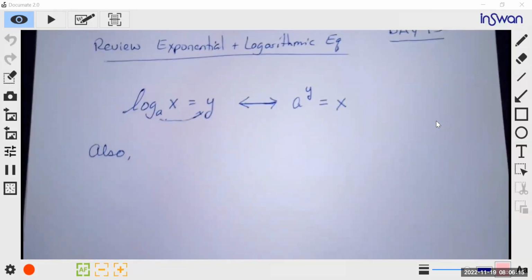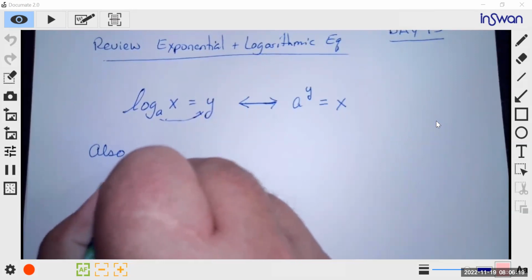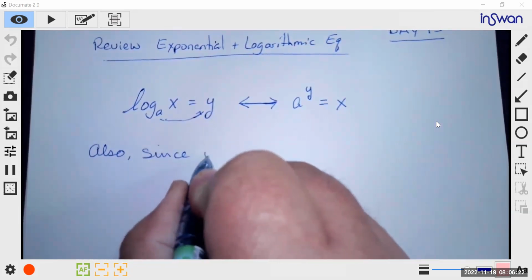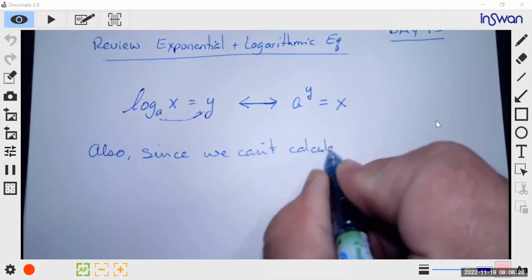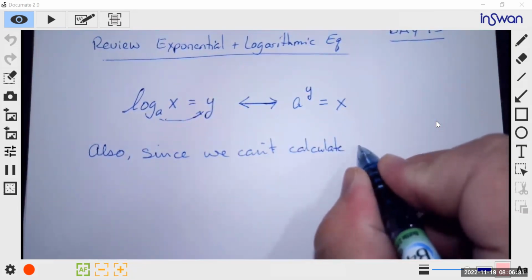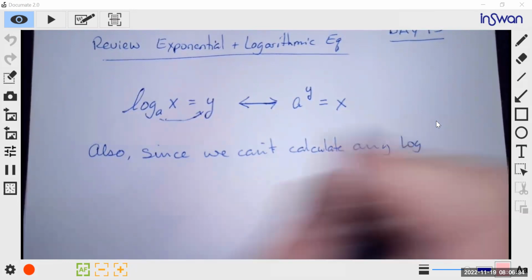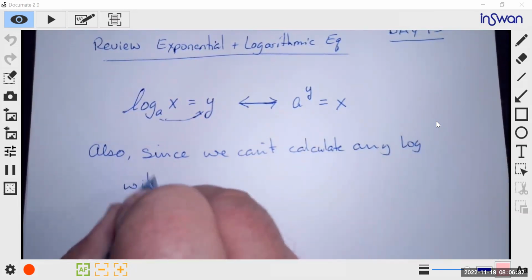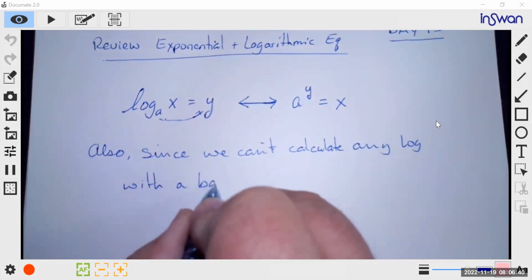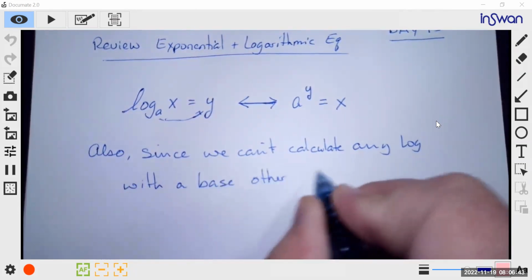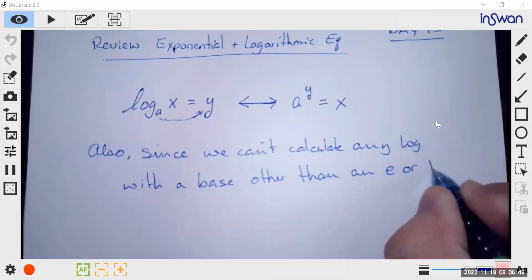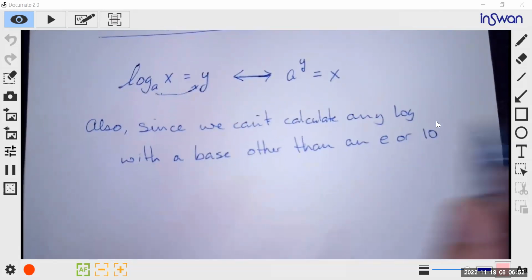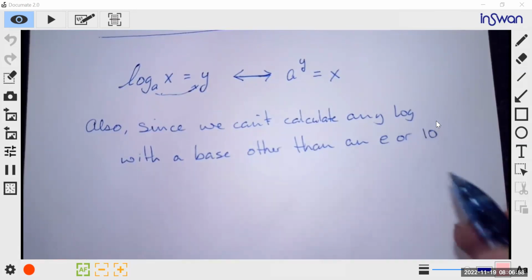Also, we can't calculate any log with a base other than e or 10.